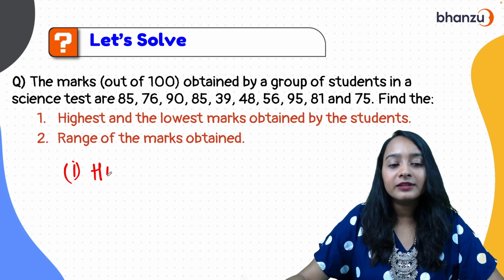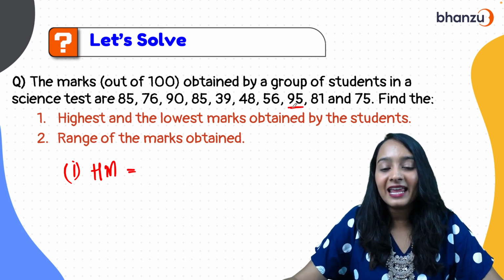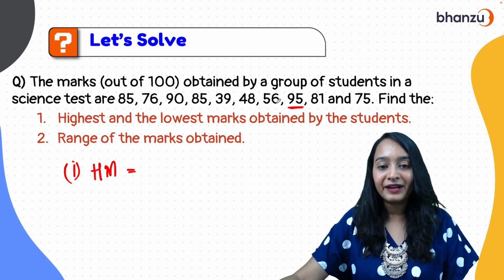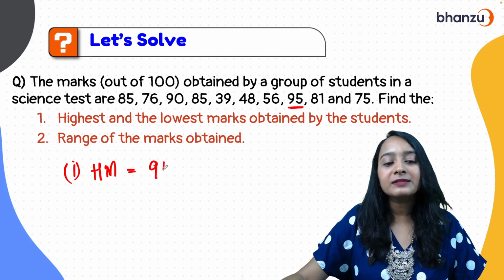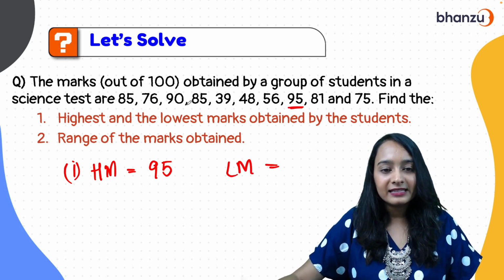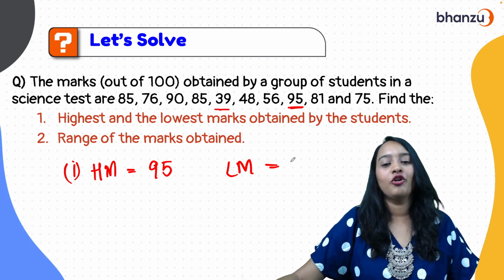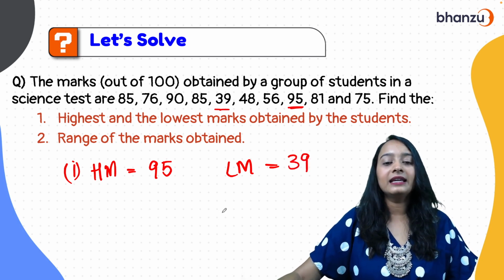Let's talk about the highest marks. I can see 95. Is there any number greater than 95 here? No. So the highest marks is 95. What is the lowest marks? I can see 39 here. Is there any number less than 39? No. So the lowest is 39.